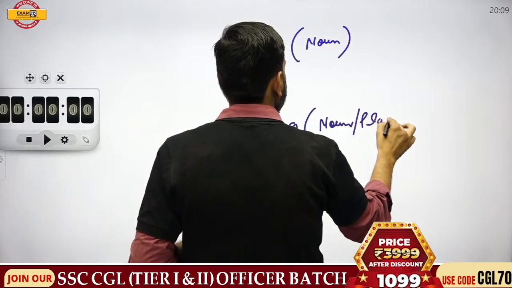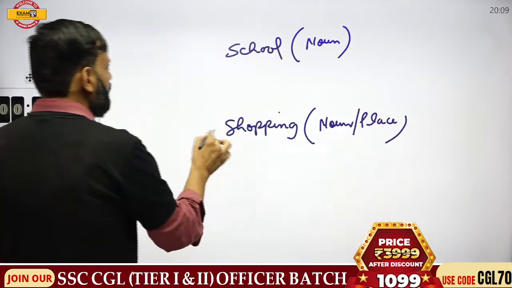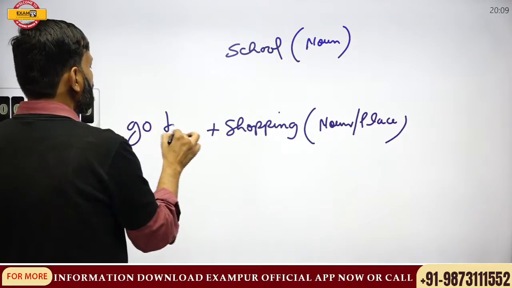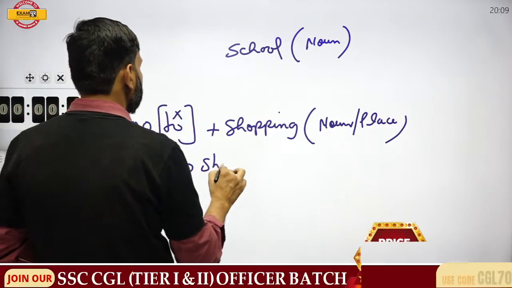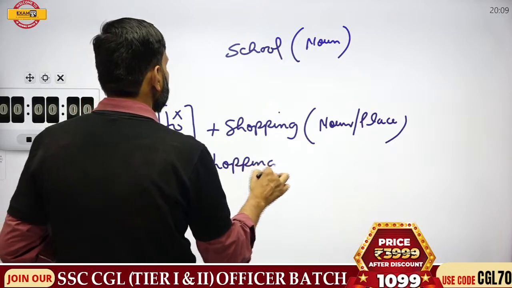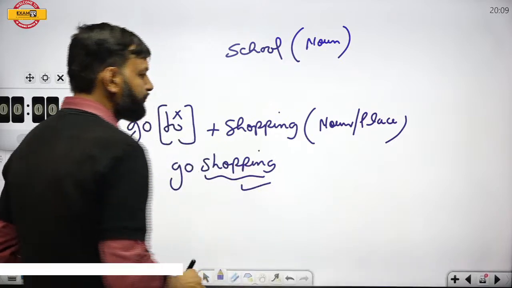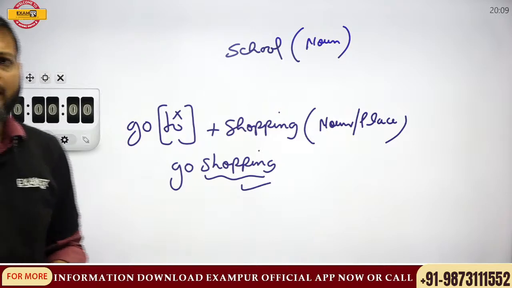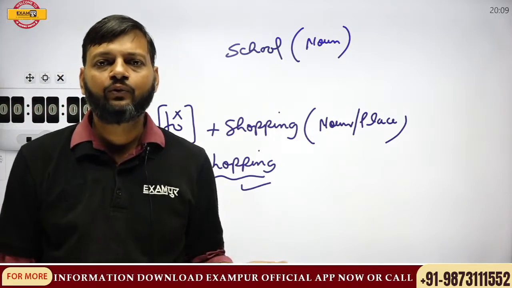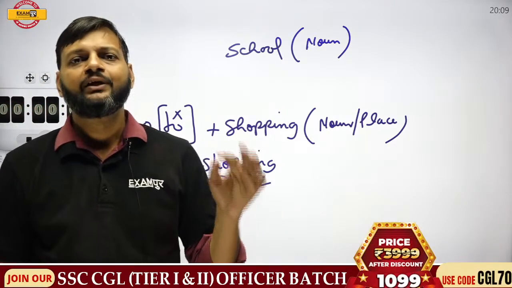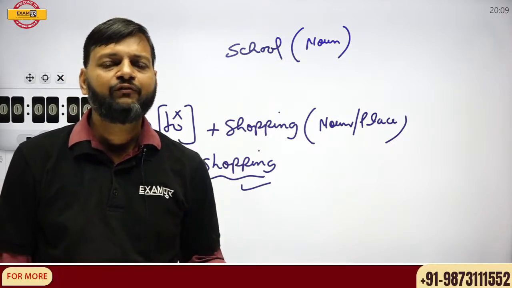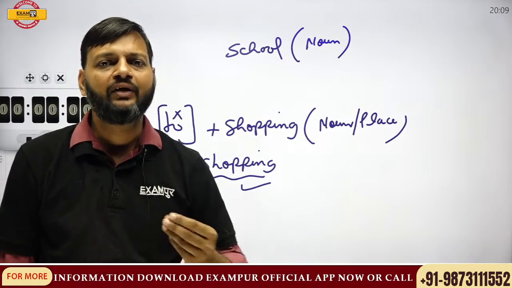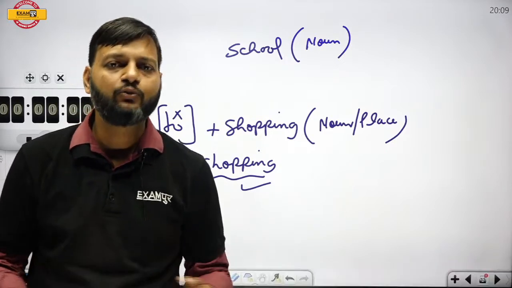It is not a place. So here go to shopping is wrong. Go shopping is right. If you are unable to identify a noun or an adverb, you need to study these chapters in detail. If you haven't studied nouns and adverbs in detail, you won't be able to identify them.